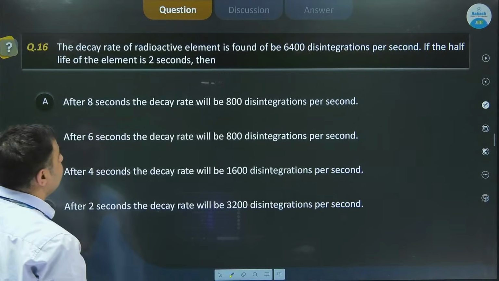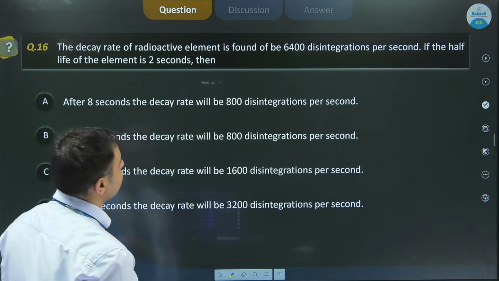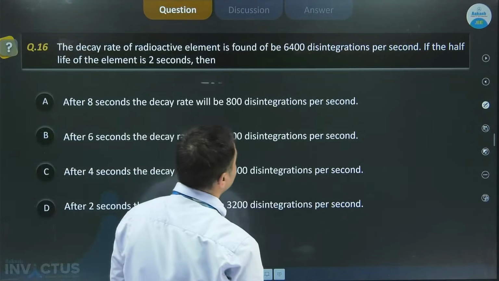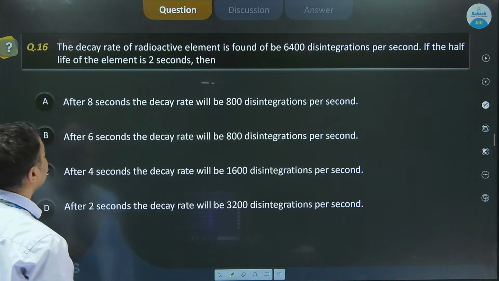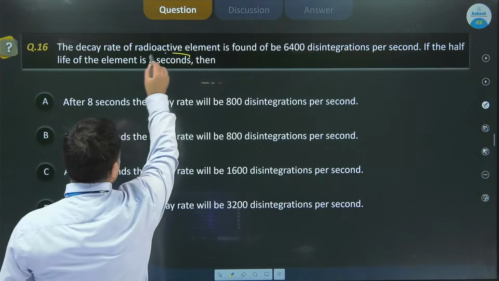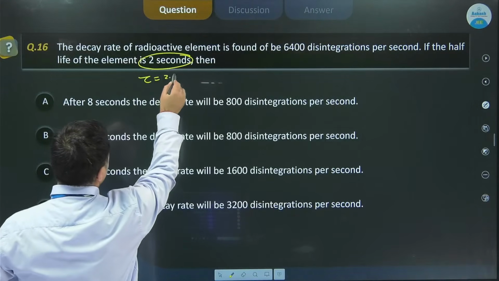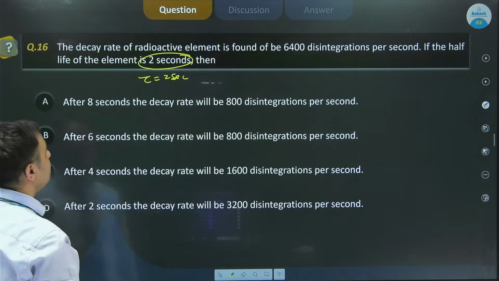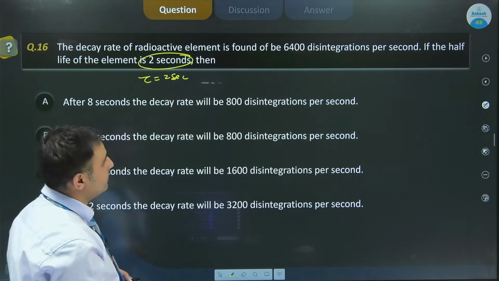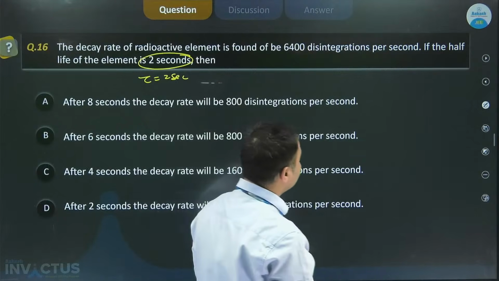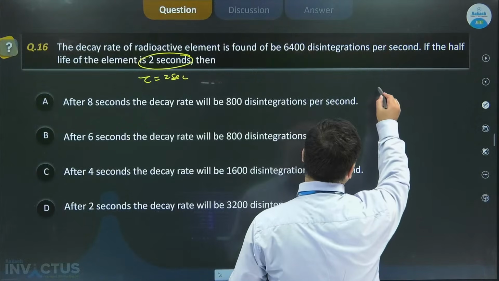The decay rate of a radioactive element is found to be 6400 disintegrations per second. If the half-life of the element is 2 seconds, half-life tau is given as 2 seconds, then choose the correct option. All right. So first of all, disintegrations per second means we are talking about activity.